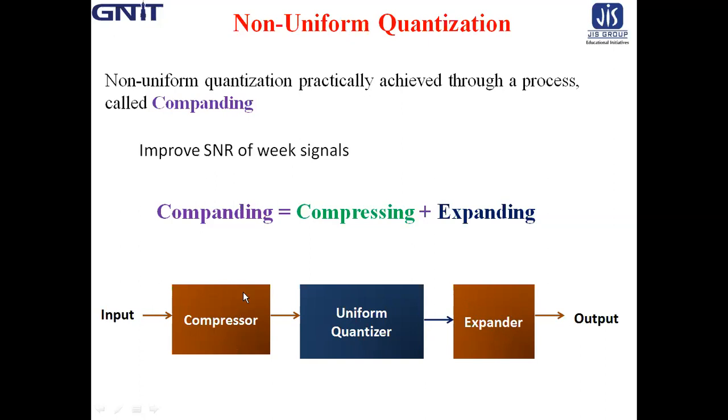If the signal is amplified in the compressor, then the function of the expander is to attenuate the signal. And for a strong signal, the function of the compressor is to attenuate the signal, and the expander, just the reverse, will amplify the signal.